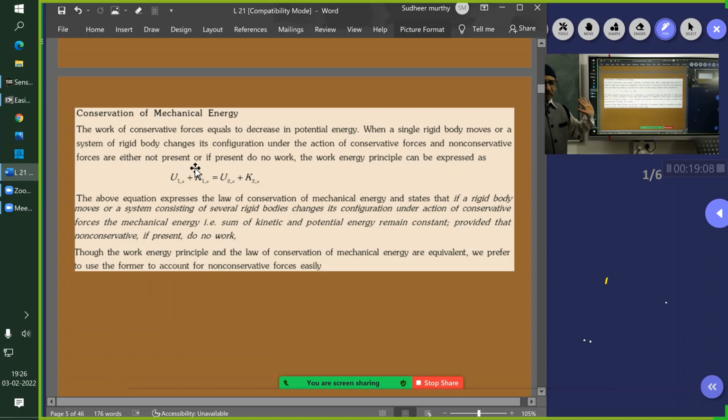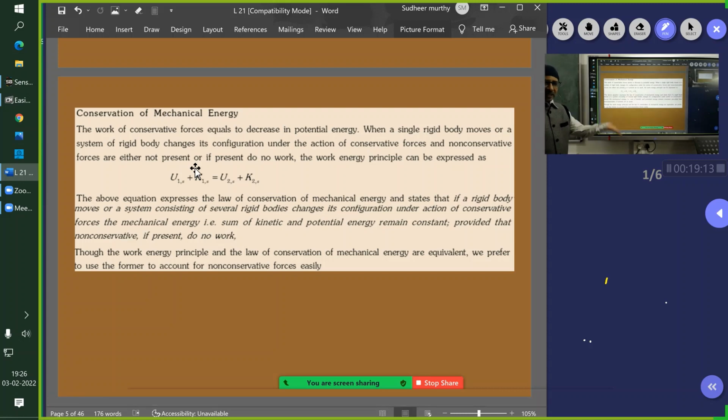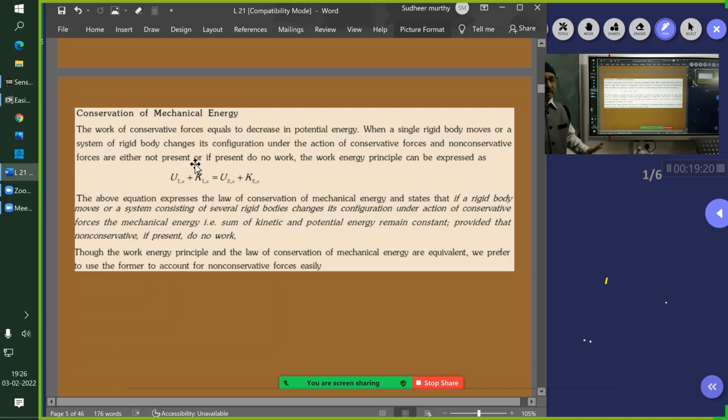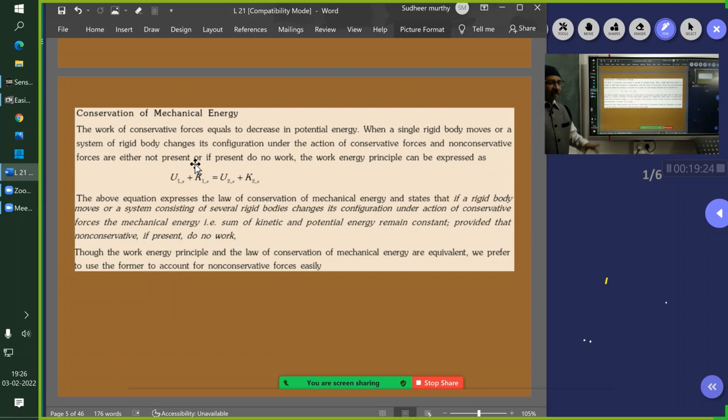The work done by conservative forces, if it increases the potential energy, will decrease the kinetic energy, or vice versa. But the work done by the non-conservative forces will only increase or decrease the kinetic energy. Got it, all of you? Do you all agree? It will either increase or decrease the kinetic energy.